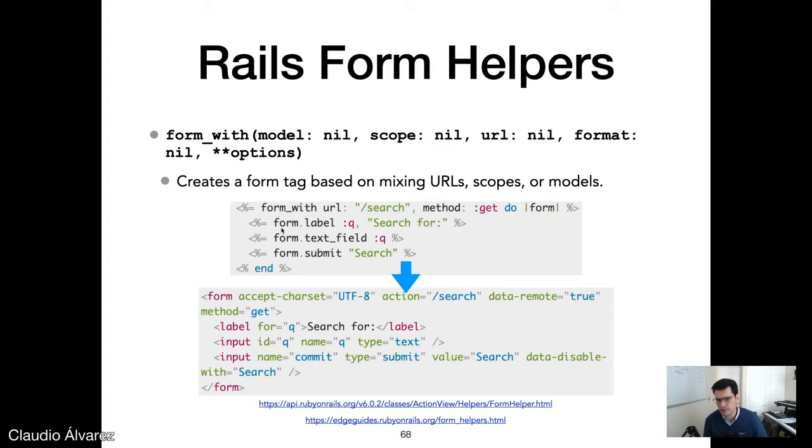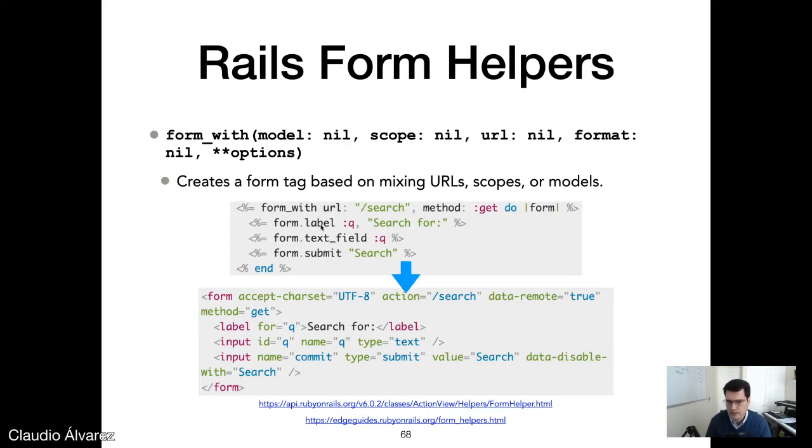You put this variable here, and you put dot label, and that means that you want to place a label on the form. The name and ID is q, and the label is intended for the text field with a name and ID q.